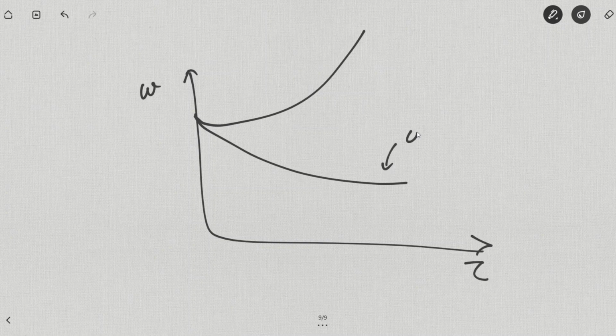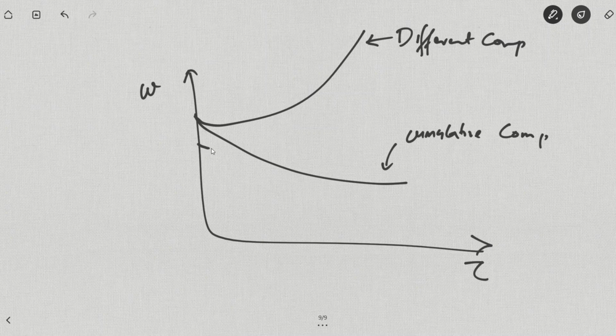So this is cumulatively compounded, this is differentially compounded, and if we have to show the series and shunt on this, shunt will be somewhere here and the series will be somewhere here.